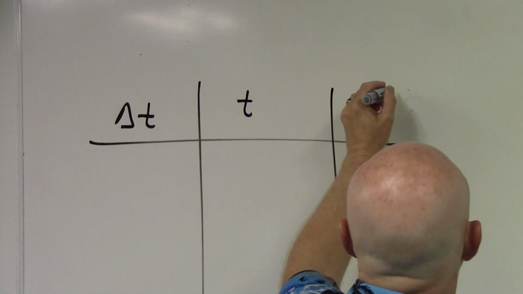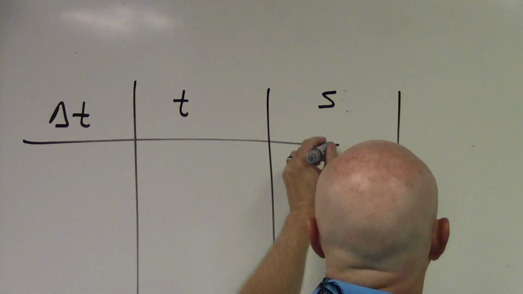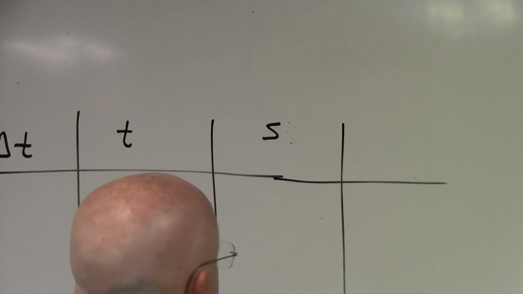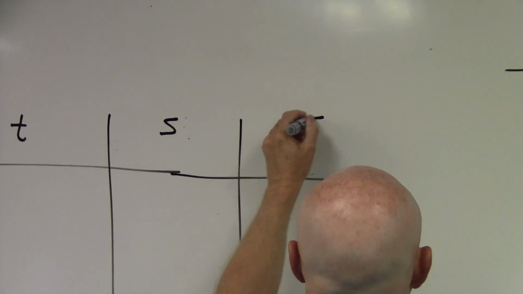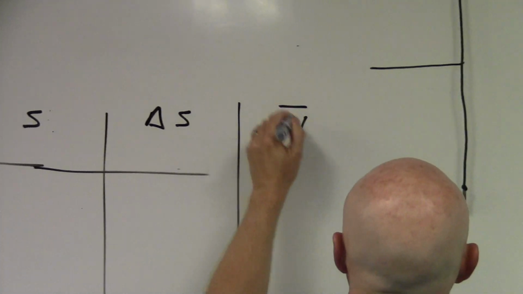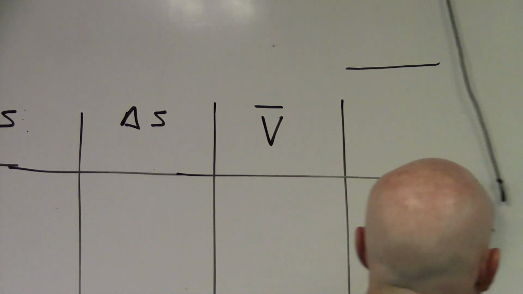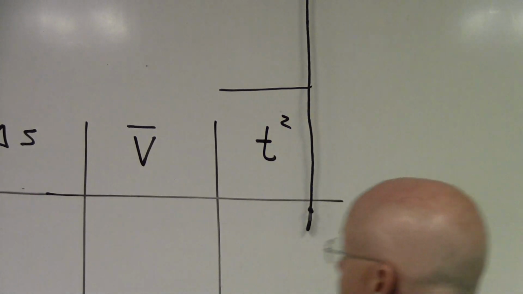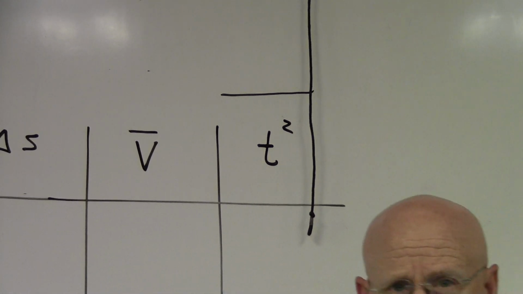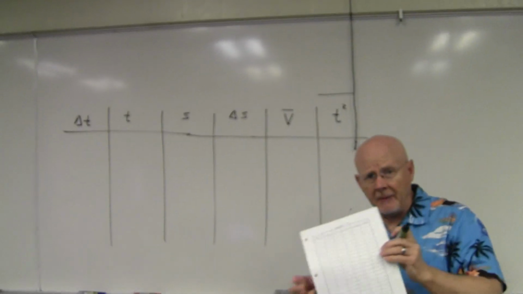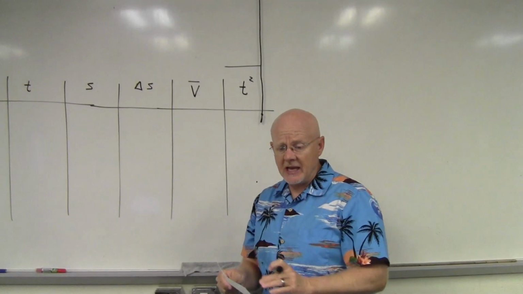The one after that, unfortunately, is an old notation of S. Let me mention that in a second. Then there's a delta S, then a V bar, and finally a T squared. You don't have to write on the board. I'm just trying to get it so you can see it a little better. But we're going to fill in this table.